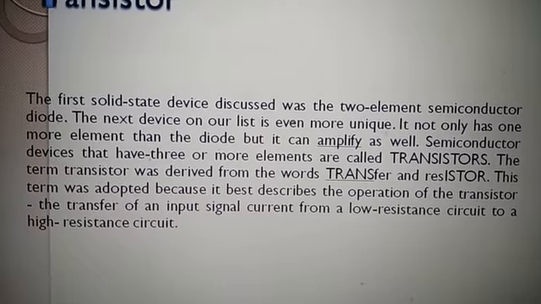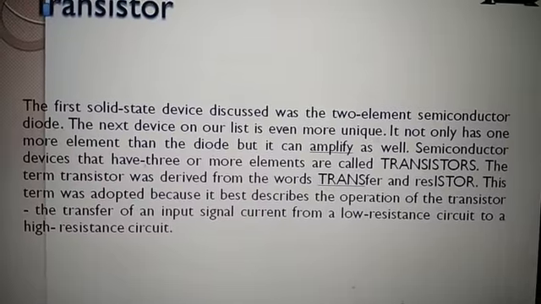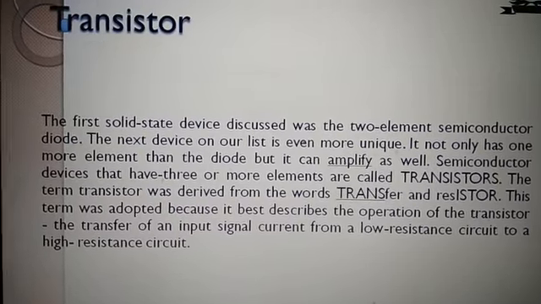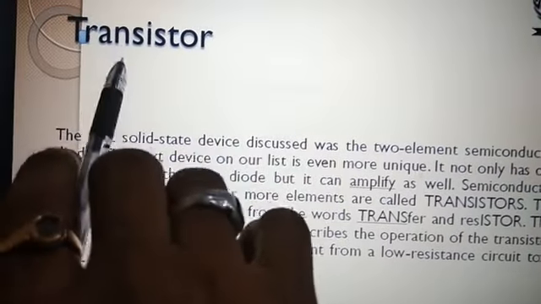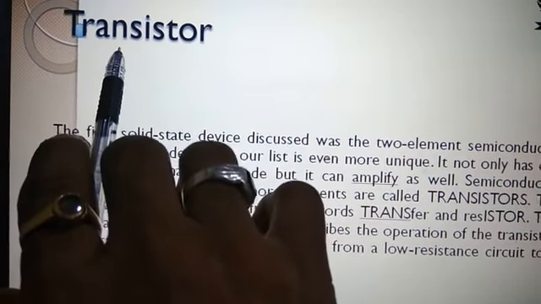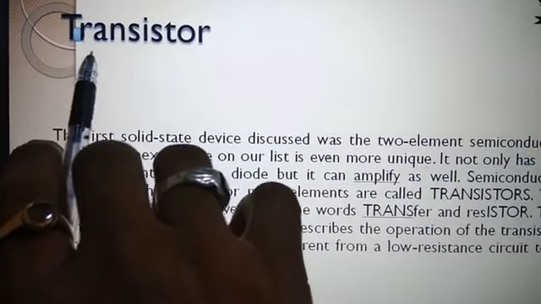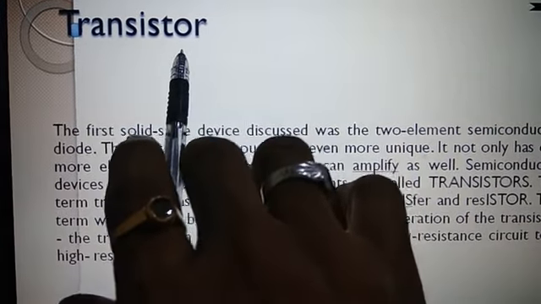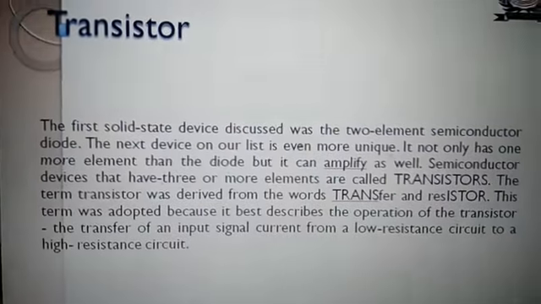The term transistor was derived from the words transfer and resistance. So here is the definition of the transistor. This word contains 2 words: transfer, from the transfer of electrons or current through a resistor, and the 'istor' taken from resistor.